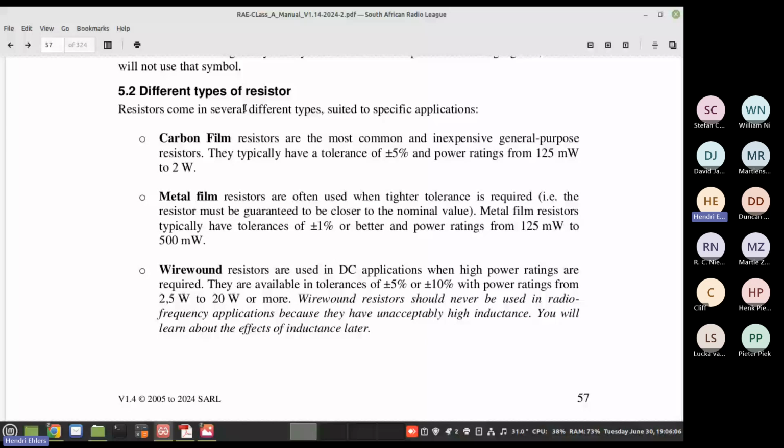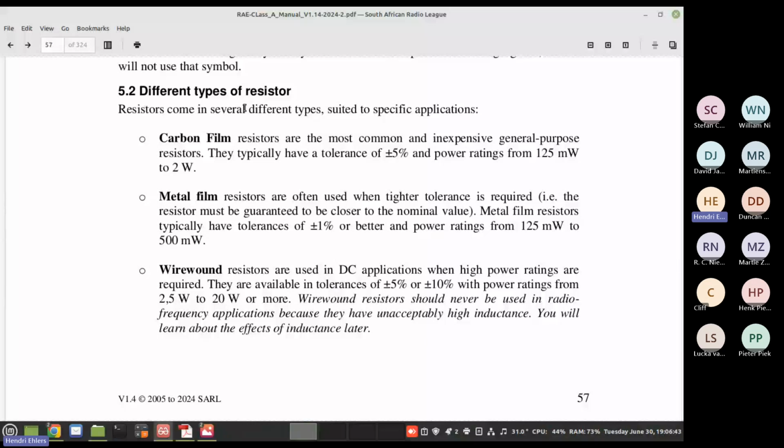So these wire wound ones you will typically use in a power supply, as part of the current limiting circuit. But one thing that's very important, and this is also a question you're going to get in the exam, is wire wound resistors should never be used in radio frequency applications because they have an unacceptably high inductance.